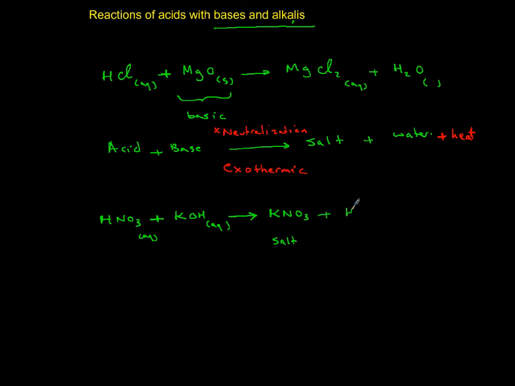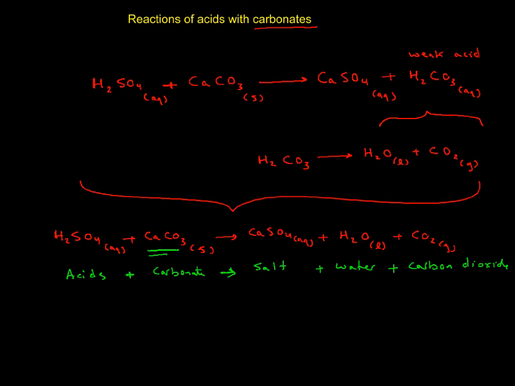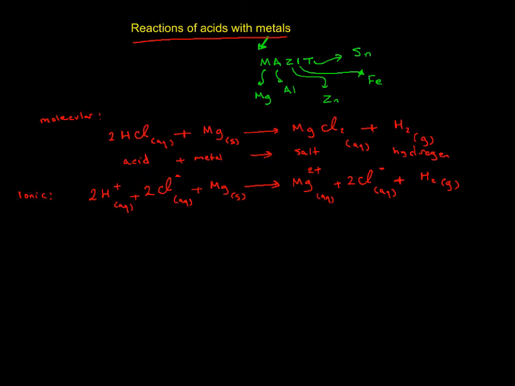And you should produce water, H2O. What else do you produce? You should remember it's going to produce heat. Is it exo or endo? Since heat is being released, it is exo. So typical properties of acids is their reactions with alkalis or bases, with carbonate, and finally with metals.